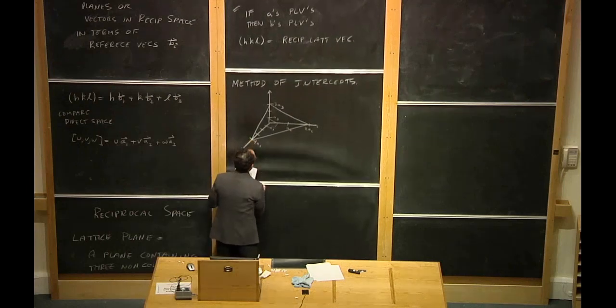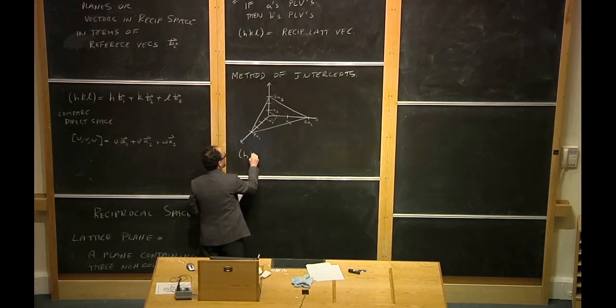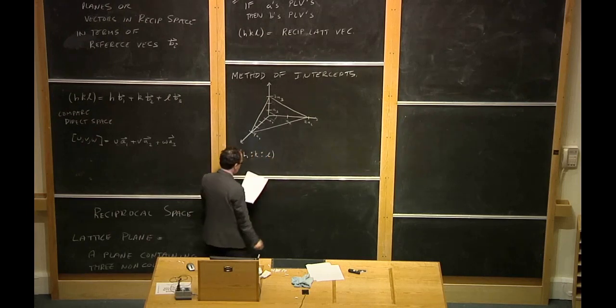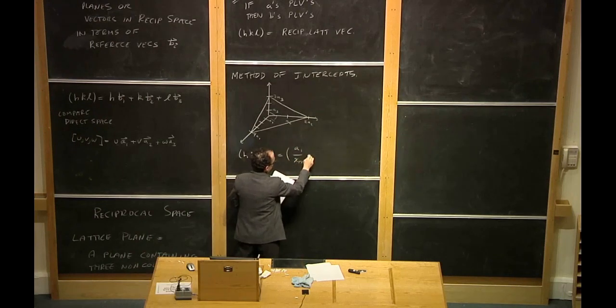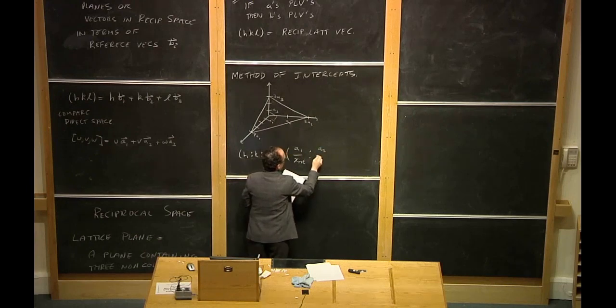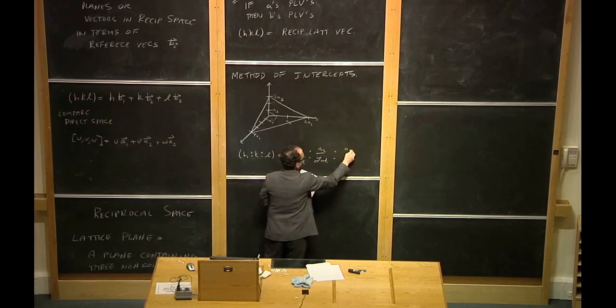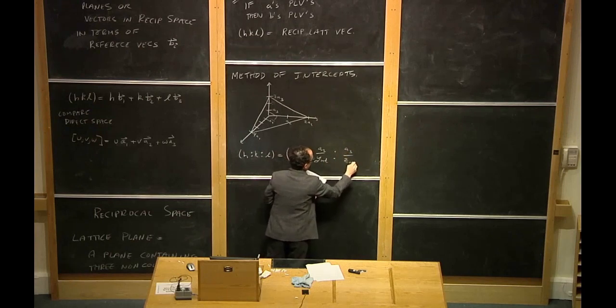The rule is that H is to K is to L, maybe I'll write it this way, as a proportionality, is the same as A1 over the x-intercept is to A2 over the y-intercept is to A3 over the z-intercept.